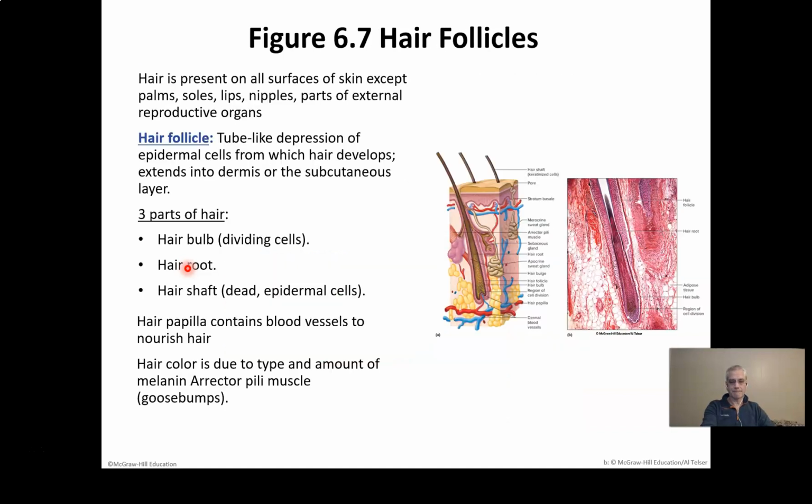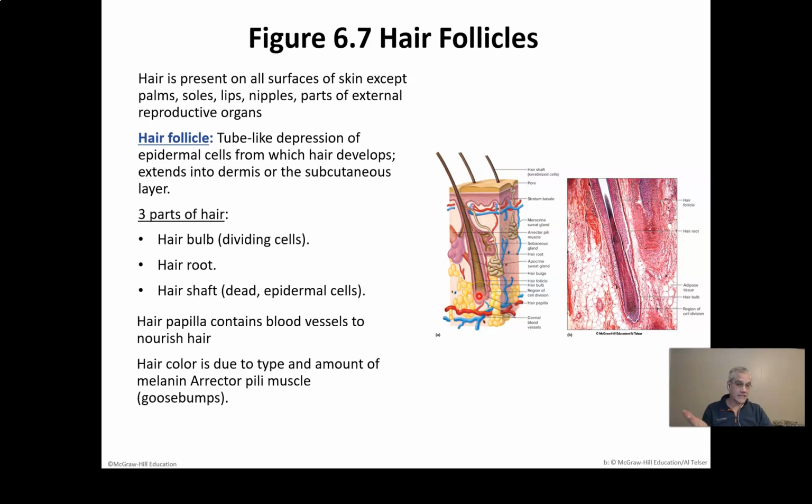Anyway, there's a nail. Hair follicles. You have three parts to a hair follicle. You got the bulb. The bulb is the base part, the very, very bottom part, the hair bulb. This is where you grow more hair. Right there are the dividing cells that will keratinize and will push more hair from it.